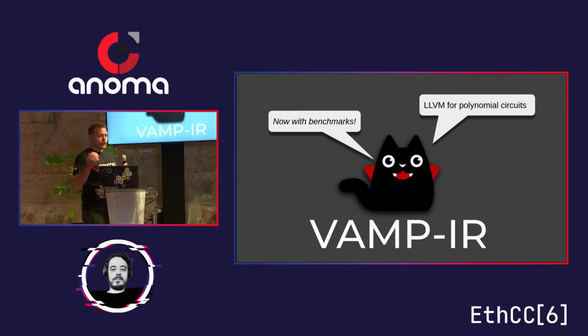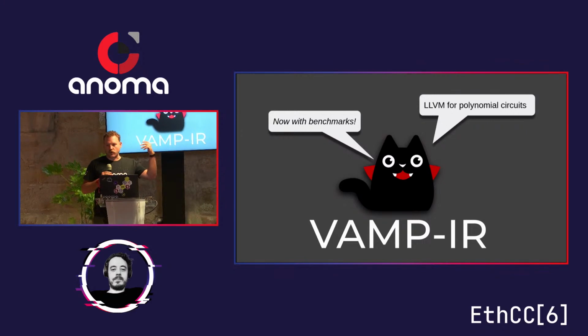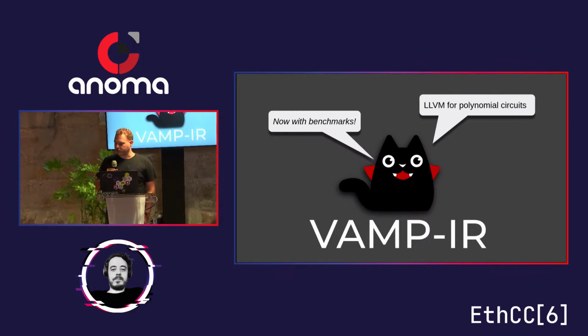So yeah, we're calling it like LLVM for polynomial circuits, meaning that we have one representation for arithmetic circuits, which can serve as a target for front-end languages, and also can be used in any proof system backend as well. So if you can compile into VampIR, you can take advantage of any proof system backend that you would like, and you can also choose from a whole slew of front-end languages as long as there's a compiler to VampIR.